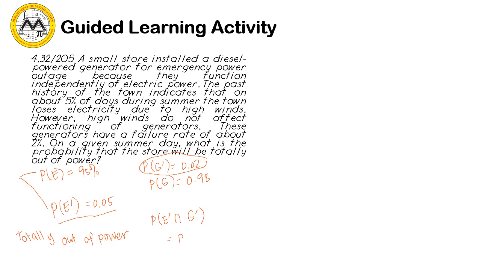So that would be P of E prime times P of G prime. That would be 0.05 times 0.02. Let's check. You can use your calculator. 0.05 times 0.02 is 0.001.